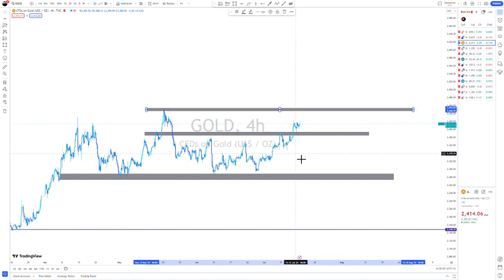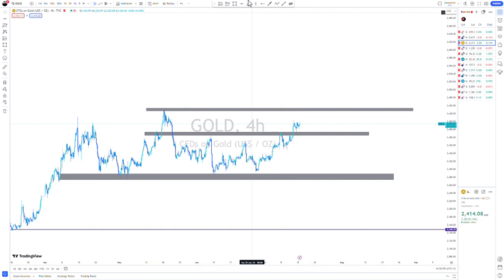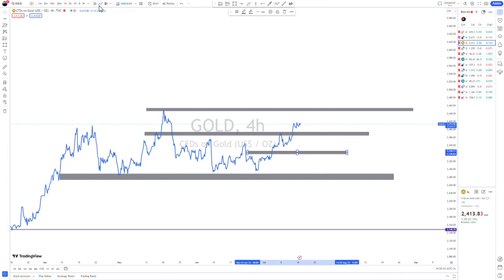On my 4 hours, I'm gonna mark my intraday levels again and mark my support and resistance. As you can see up there, right there, that is where I have another level. If I want to quickly see if I'm right or wrong, I'm just gonna go to my line chart and make sure that I mark the correct levels. So I'm just gonna mark that one, and I'm gonna mark that one. So yeah.